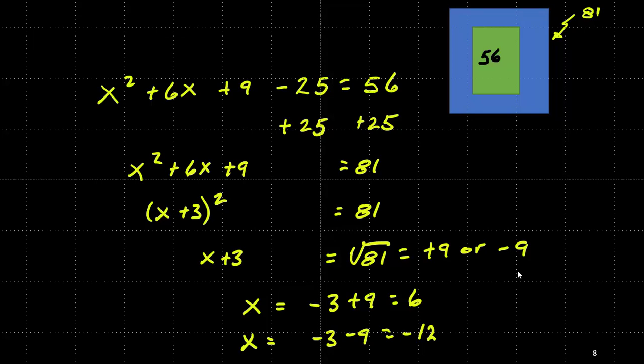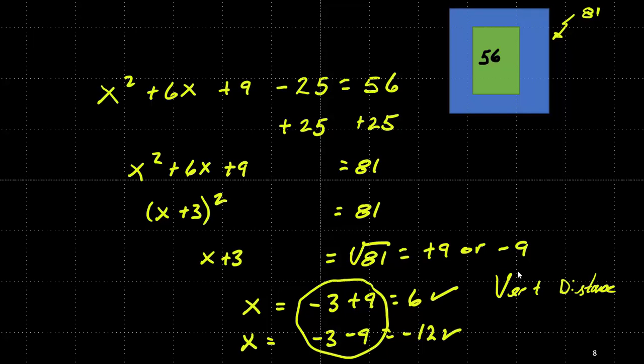And you'll recognize this as the vertex plus a distance from the vertex. And we add those two numbers and we get 6. In the second equation, we get x equals negative 3, subtract 9, and that equals negative 12.